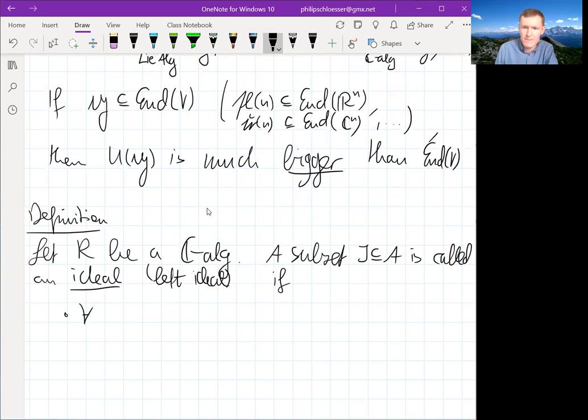Firstly, it's closed under the usual group operations. You can just say that for two elements in I, their difference should also be in I. This encodes that addition and inverses should be contained in I, so it should be a subgroup.